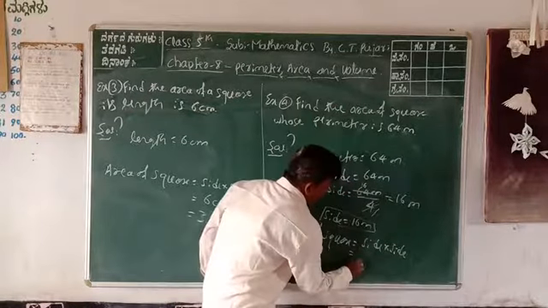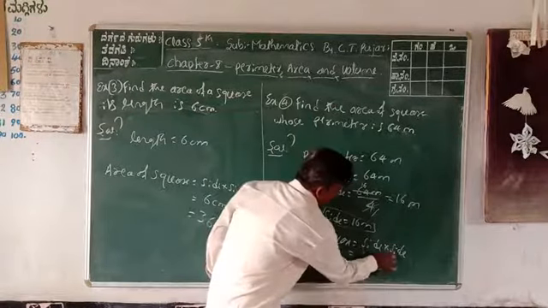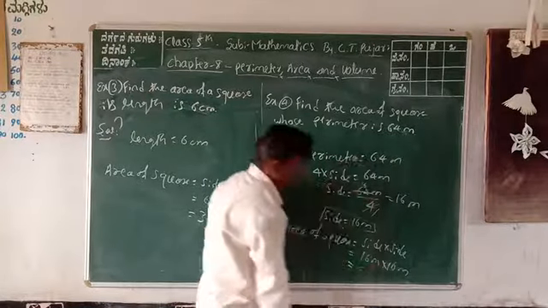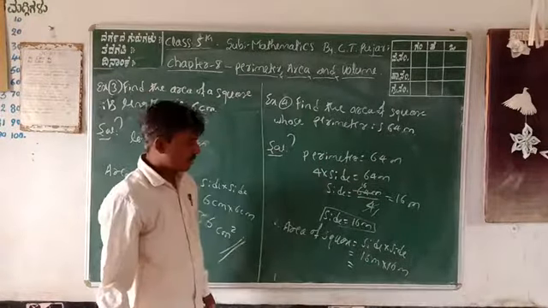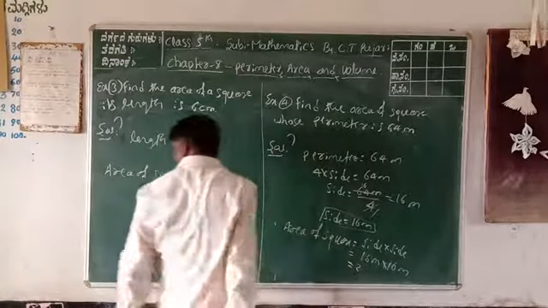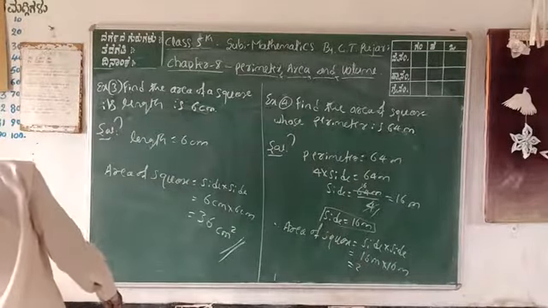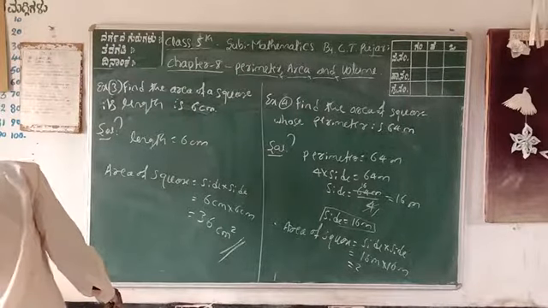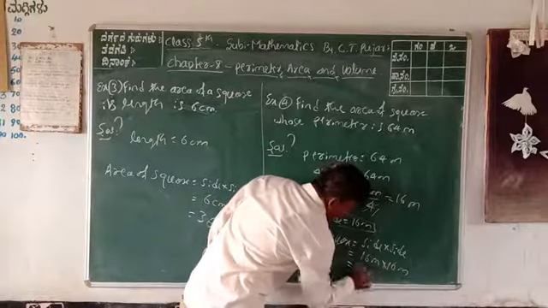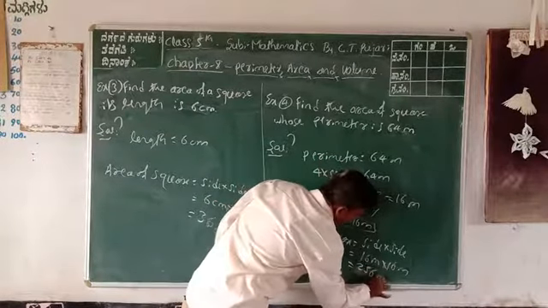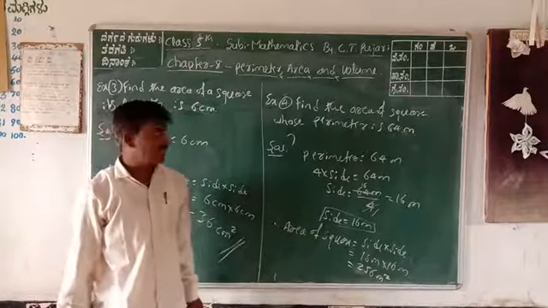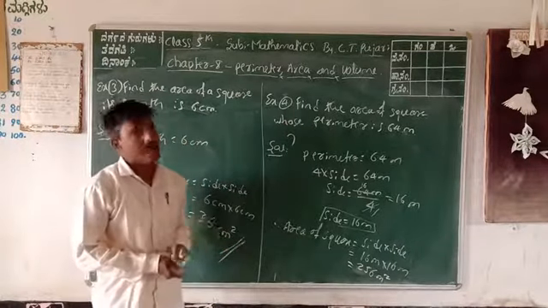Side into side is equal to what? Side is 16 into 16 meter into 16 meter. Therefore, 16 squared is 256. That is the area: 256 meters square. This is how we find out the area of a square.